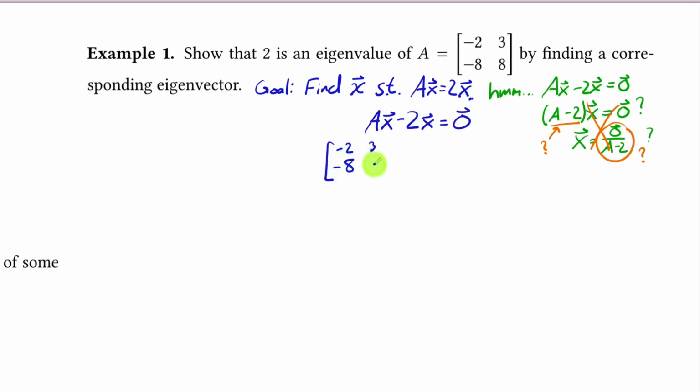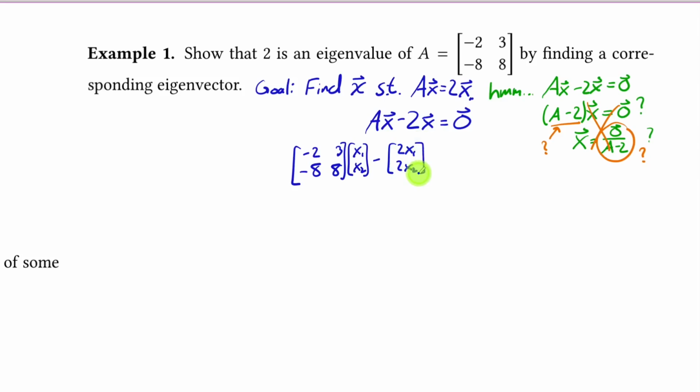Here's A times x, which is x1, x2, and we're doing that minus 2x1, 2x2. But I don't want to write it as 2x1, 2x2. I want to write it as this matrix with 2, 0, 0, 2 times x1, x2.